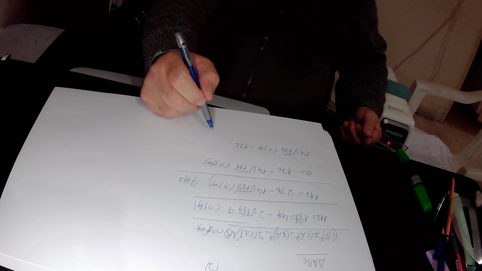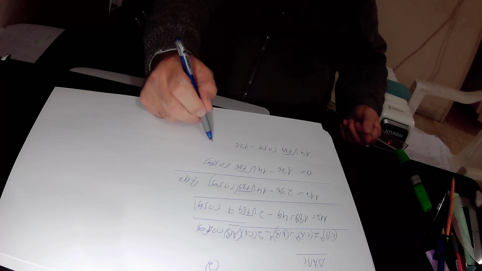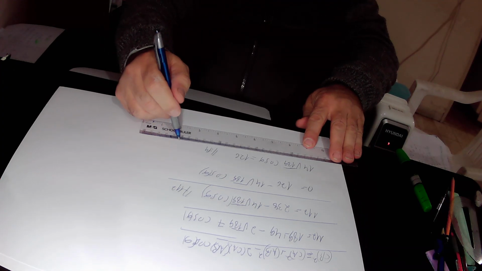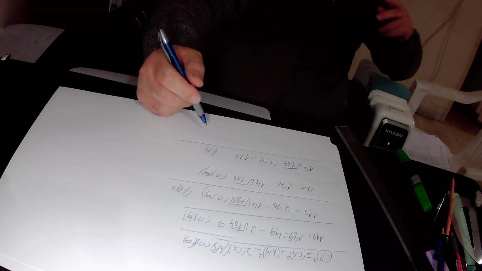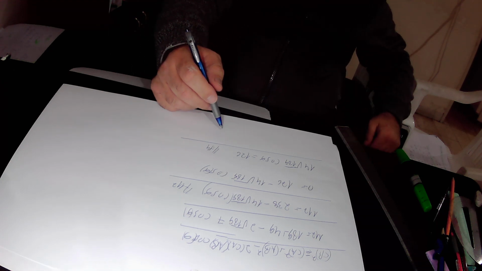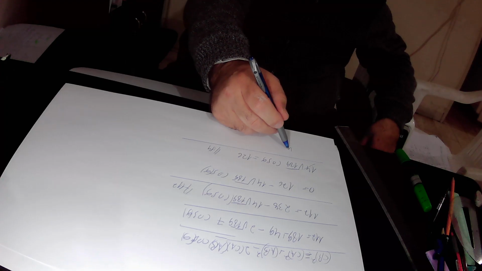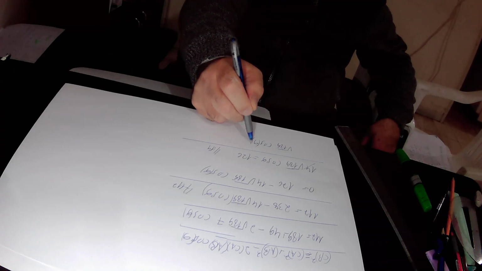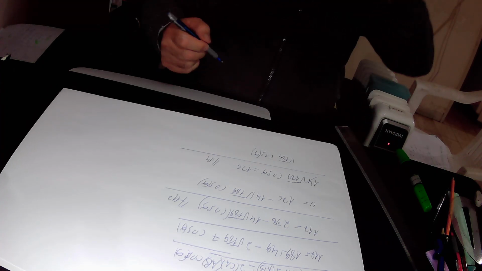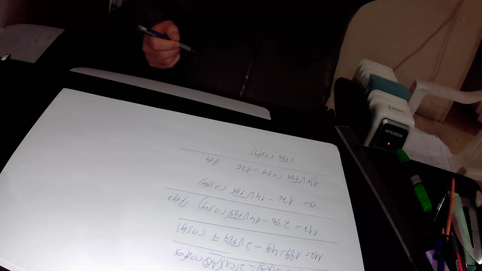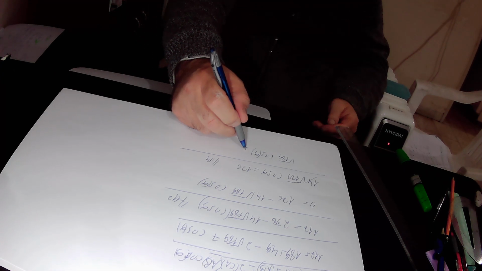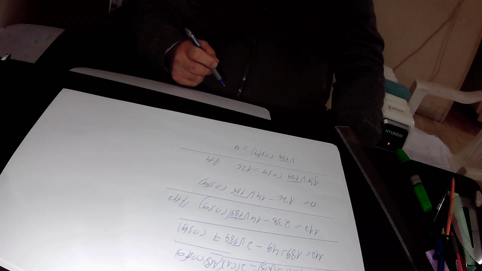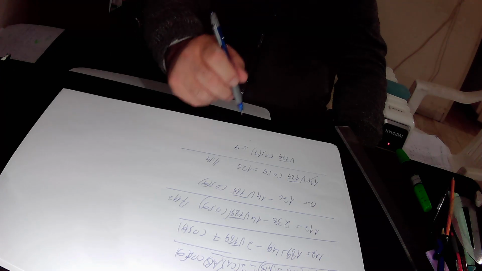So here we will divide this equation by 14. So here 14 will get cancelled, and we are left only with the square root of 189 times cosine alpha. Here we have 126 over 14 is 9. So we found out that the square root of 189 times cosine alpha equals 9.